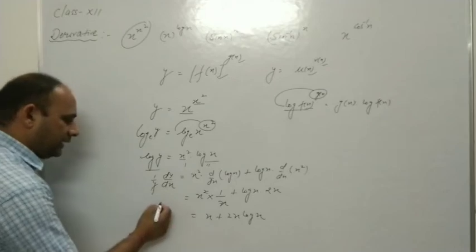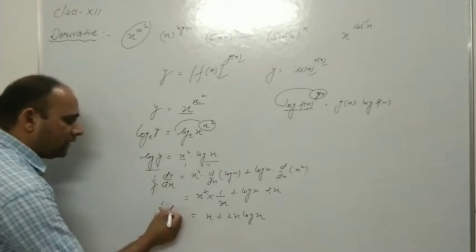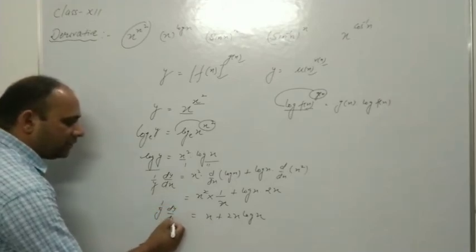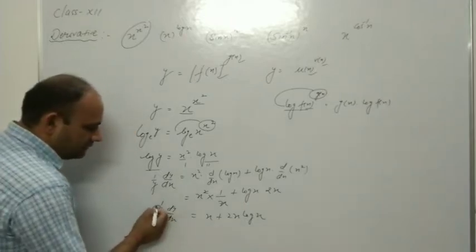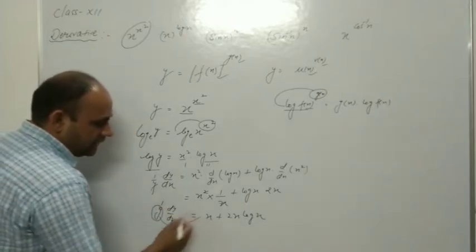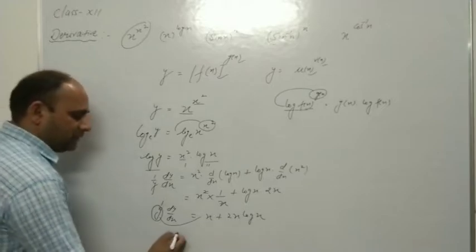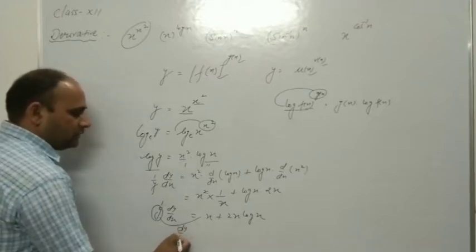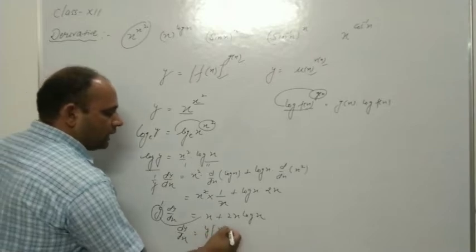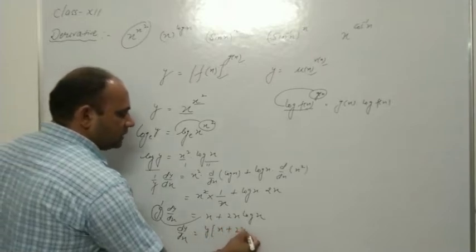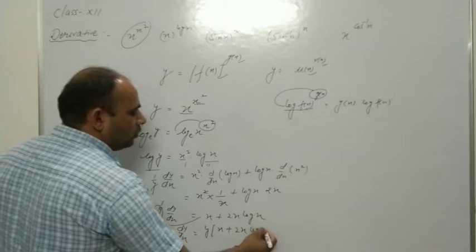And here we have 1 upon y dy upon dx. Now y is divided here, so on the right side it changes into multiply. So dy by dx is y into (x plus 2x log x).